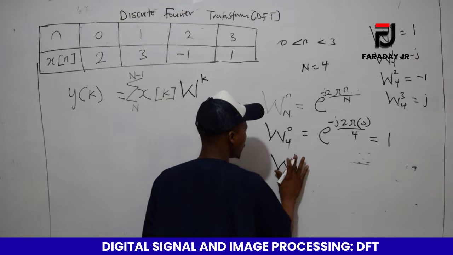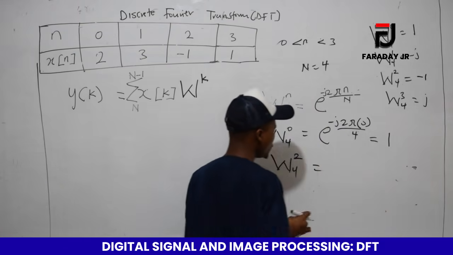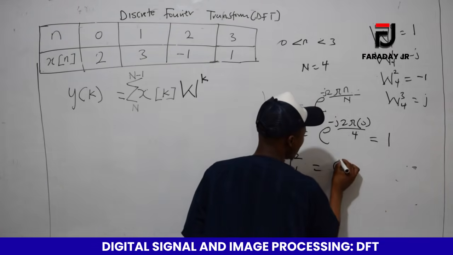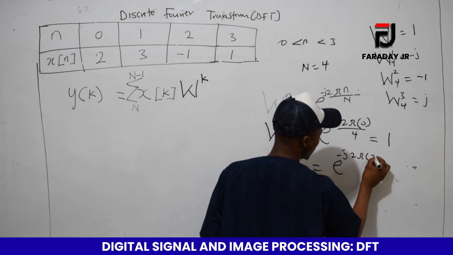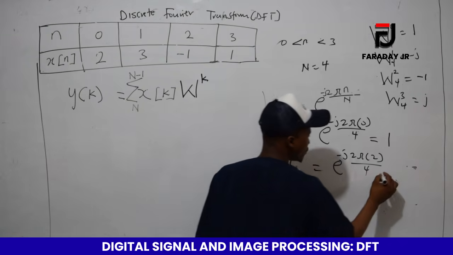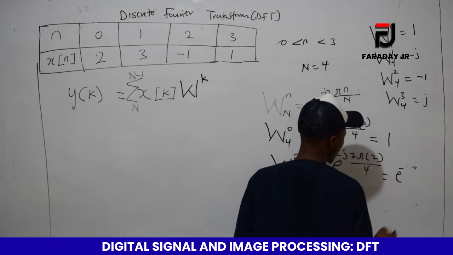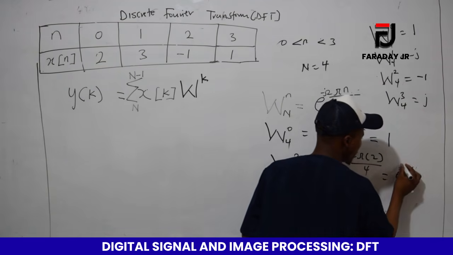The next thing that we are going to do is to find W of 2, 4. W of 2, 4 will be the same as e exponent minus j 2 pi on 2, all divided by 4. So 2 times 2 gives us 4 on this one, so this gives us e exponent minus pi j.